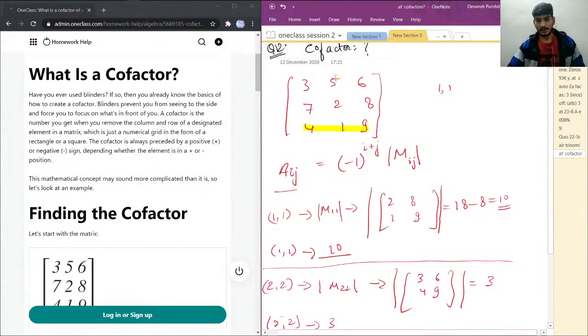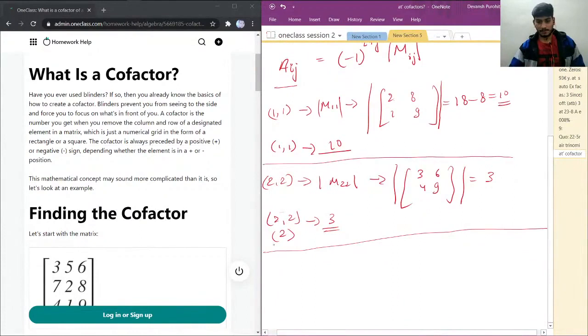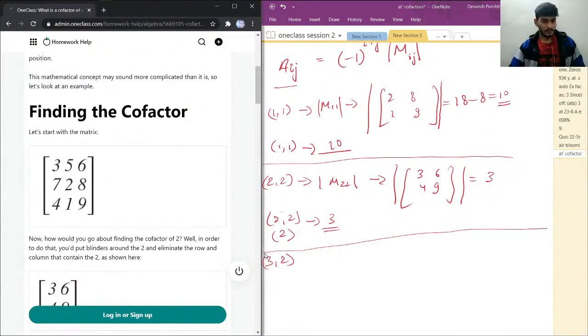This will be the third row and second column. This will be 3 comma 2. My minor matrix will have 3, 6, 7, 8. So the coordinate was 3 comma 2 and this was 3, 6, 7, 8.